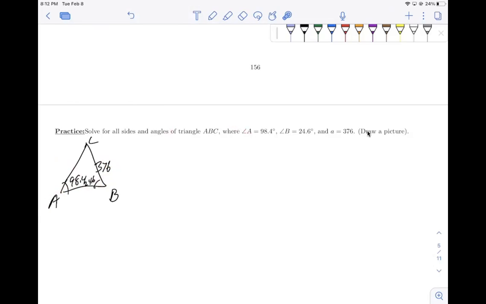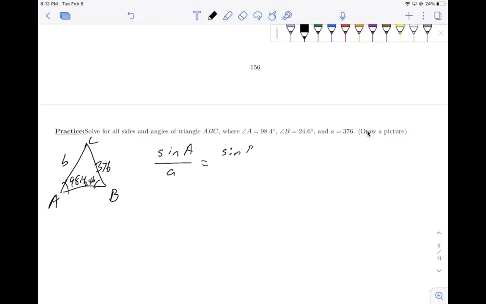You want to solve for all sides and angles. Well, we're given two angles here. That's kind of our key to use the law of sines first. And obviously we're going to have sine A over A because I know both those things. I don't know anything about C or side C yet. What I could do first is find angle C and use that just like we did before.